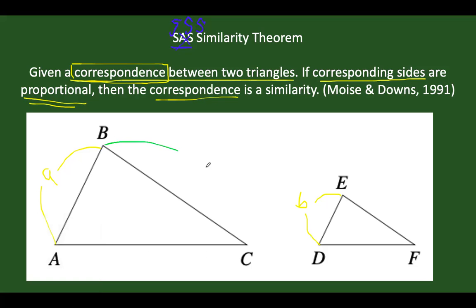And BC corresponds to EF. Okay, whatever corresponding sides you identified, as long as you will end up at proportional sides or proportional corresponding sides, then that would be okay. That's fine. Okay, and let's say this is C, this is our D, and of course the last. Oh, sorry. Let's use another color.